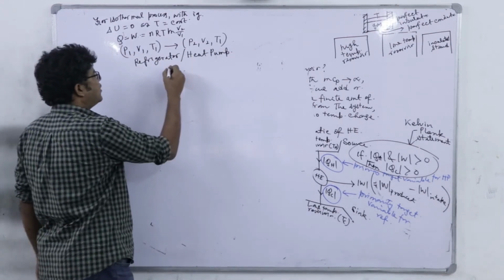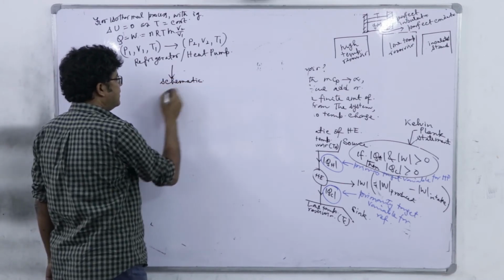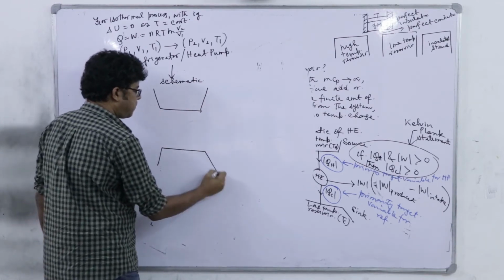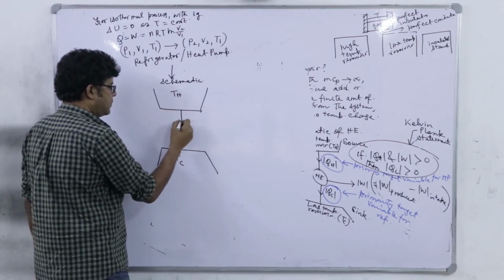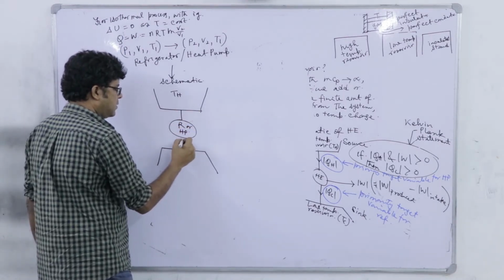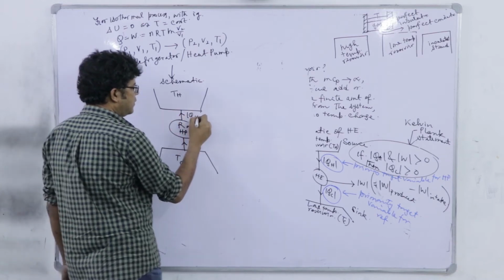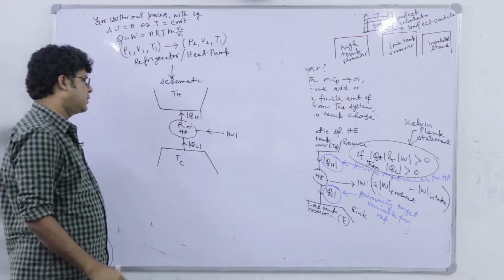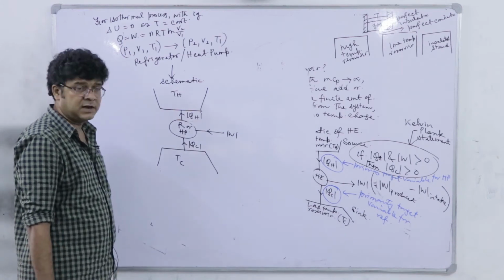So refrigerator or heat pump, the schematic is something like this. R or HP. Here we are taking up QC, delivering QH, and this work we are giving as input to this working medium.